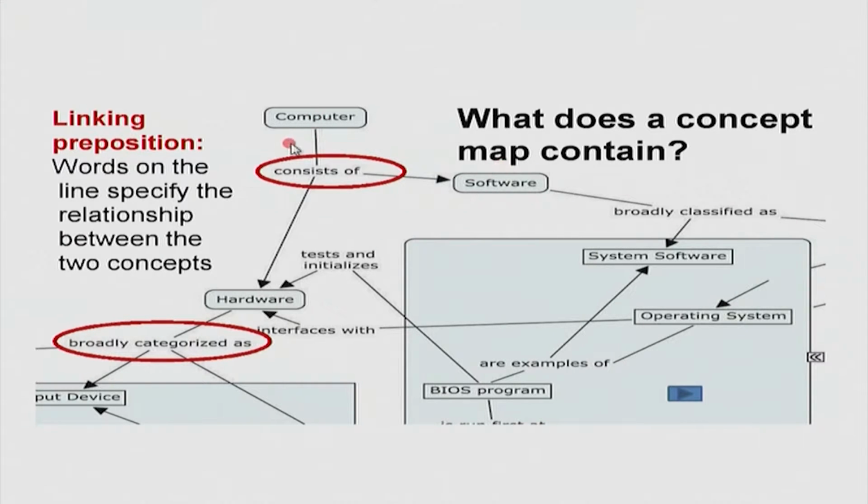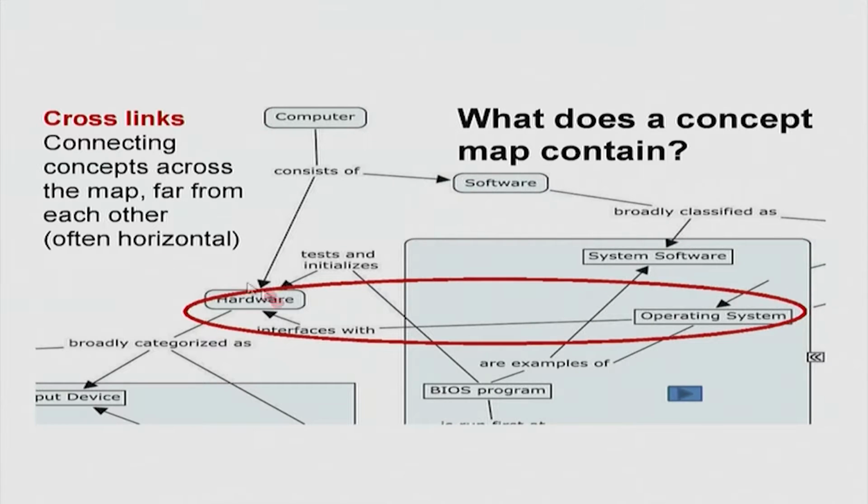So, we have concepts, we have links which are arrows, we have linking prepositions, and then we have something called cross links, which link concepts horizontally far away from each other. I will zoom out again after some time and go back and forth between the zoomed in and the zoomed out version.